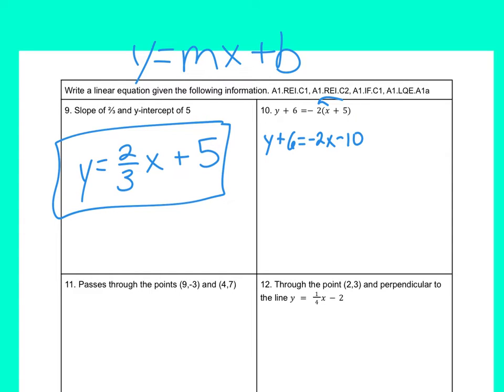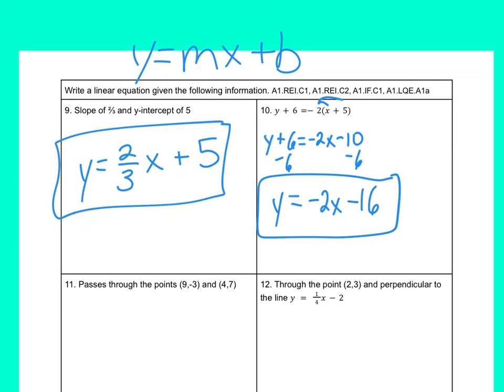So y plus 6 equals negative 2x minus 10. Am I done? No, what do I need to do? Yep, move that 6 over. So y equals negative 2x minus 16.